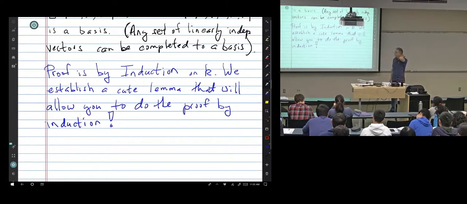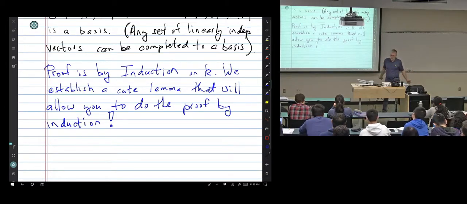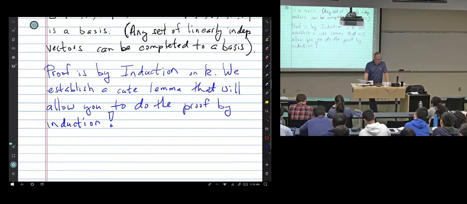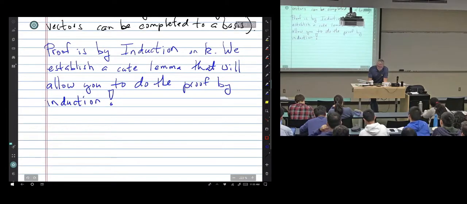Okay, so I'm going to essentially do k implies k plus 1. And then you guys just write down the base case. You'll have the k plus 1, and then you'll do your proof. Okay, so here's the cute lemma.